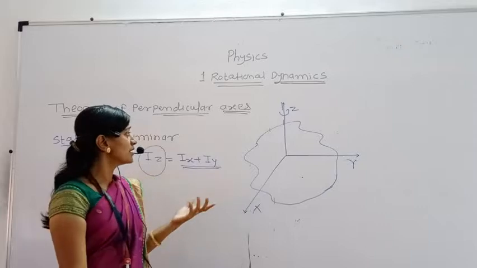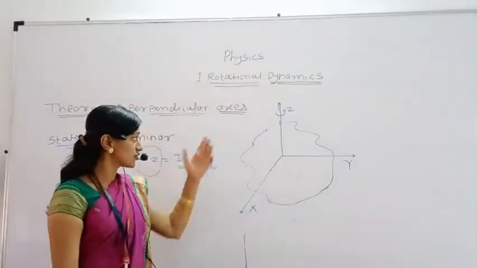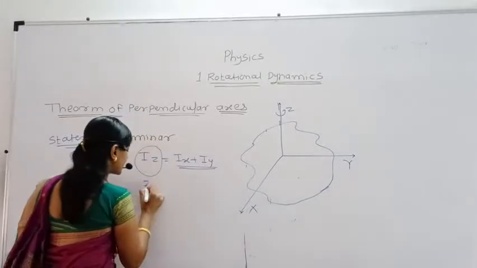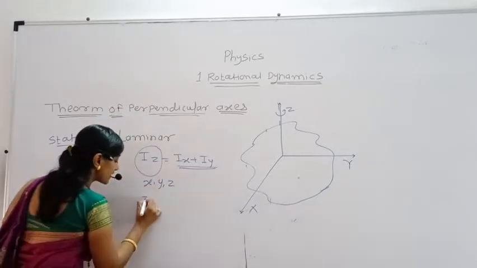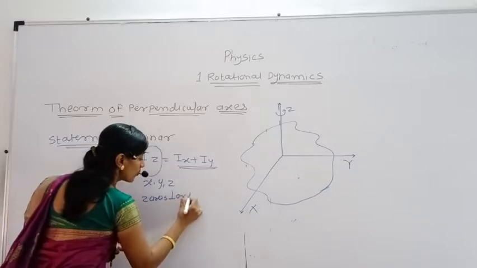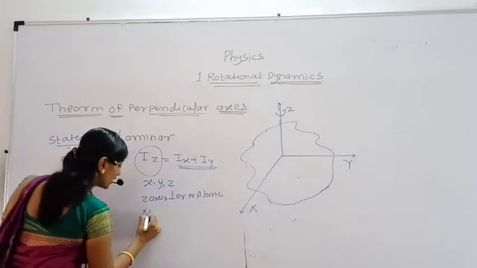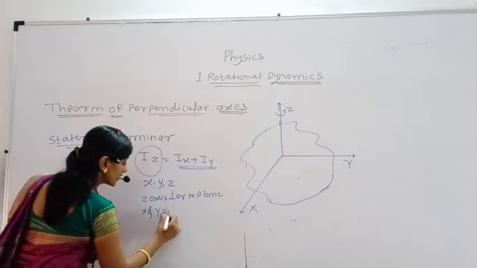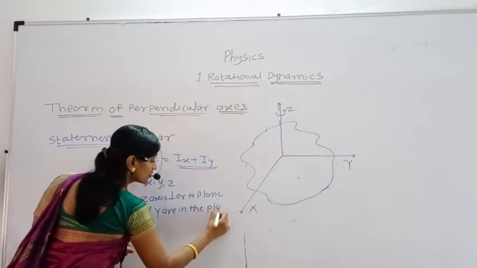Consider a rigid laminar body which is able to rotate along the three axes: x axis, y axis, and z axis. From these, the z axis is perpendicular to the plane, and the remaining two, x and y, are in the plane and mutually perpendicular to each other.